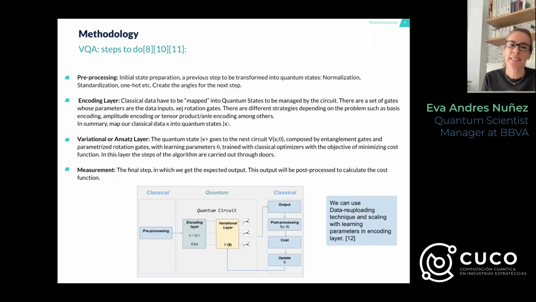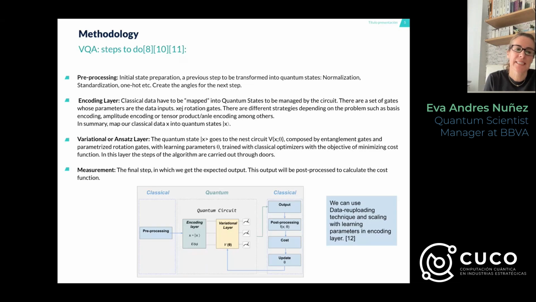This layer is in the quantum hardware, the QPU, and its objective is to map the classical data into a quantum state, commonly formed using rotational gates, for example, RX, RY, or RZ, applied to the classical data. This is equivalent to the input layer in the classical neural network.